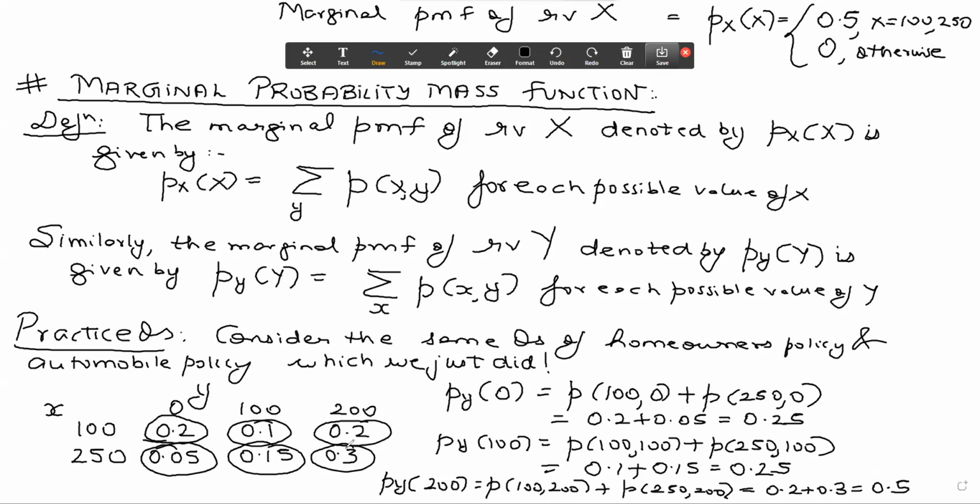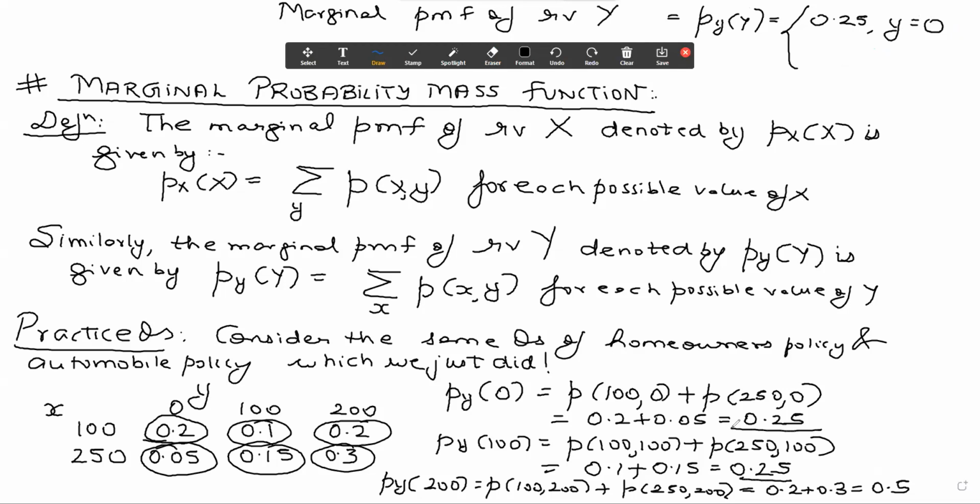So what can I do now? On the top, I am writing the marginal probability mass function of y. So random variable y, this will be py of y, which will be 0.25 when y takes the value 0 and 100 both. So I can write 0 comma 100.